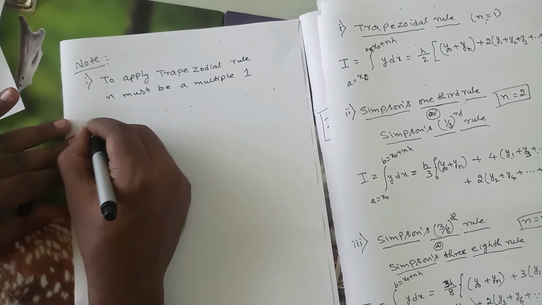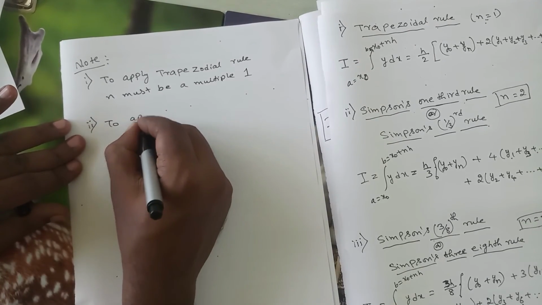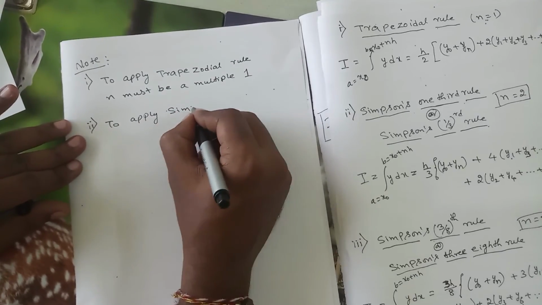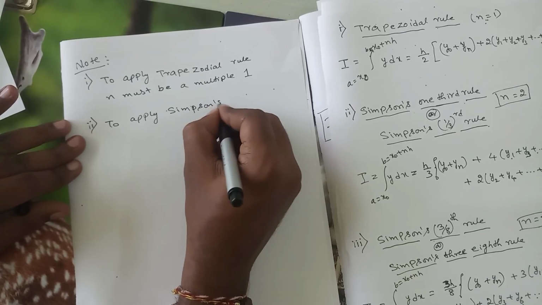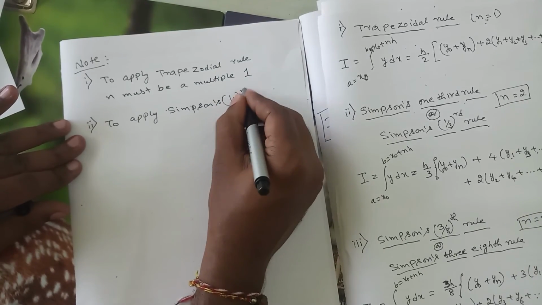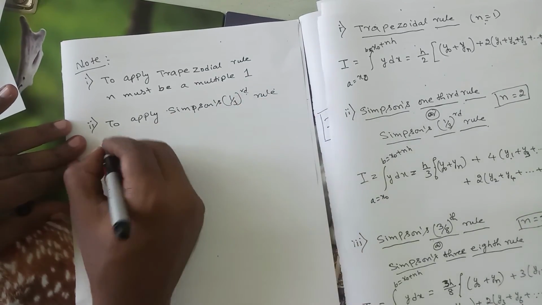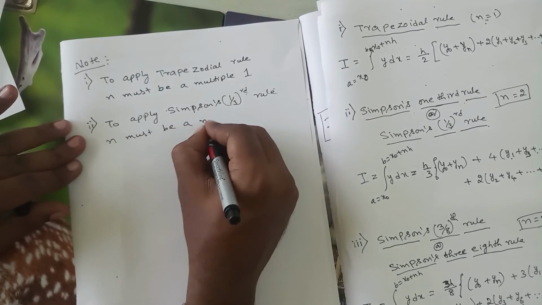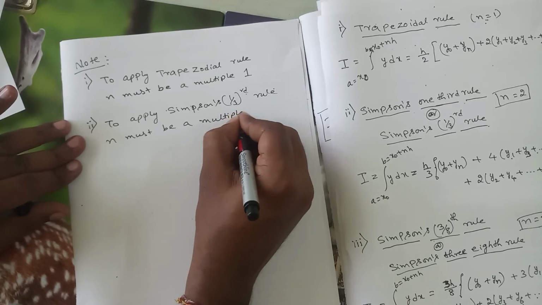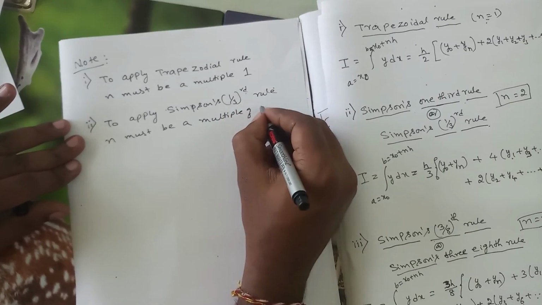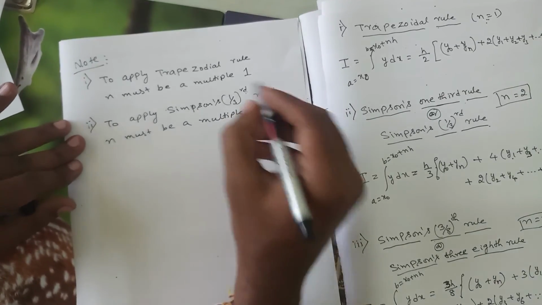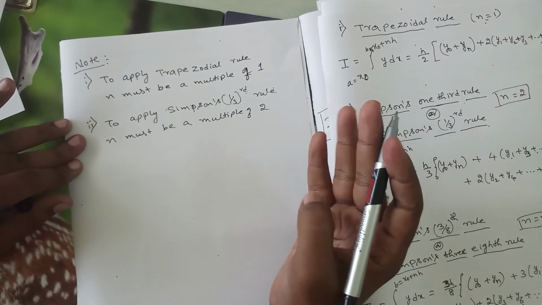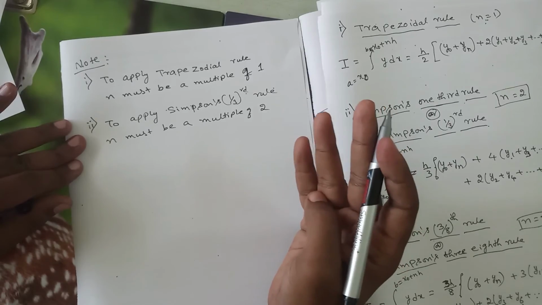And to apply Simpson's one third rule, n must be a multiple of 2. n must be a multiple of 2 means 2, 4, 6, 8, 10, 12, like that.